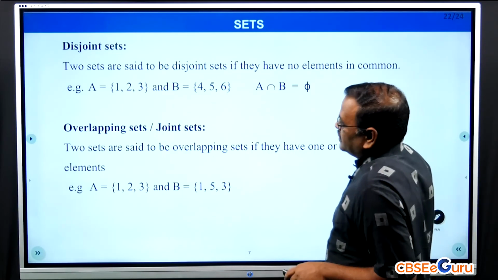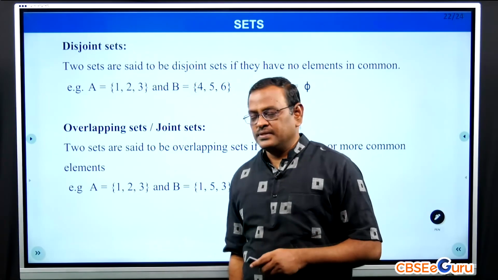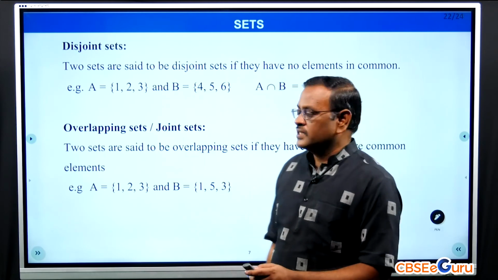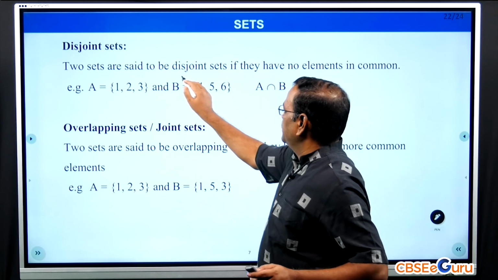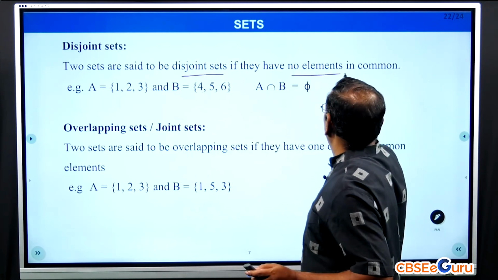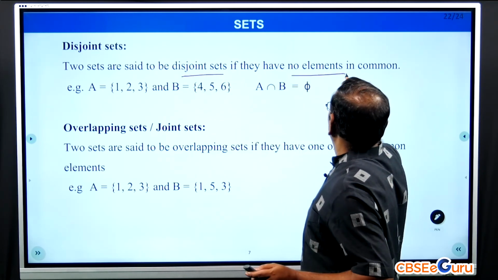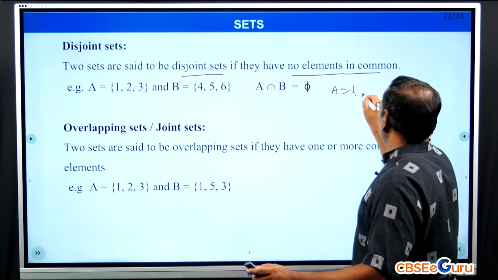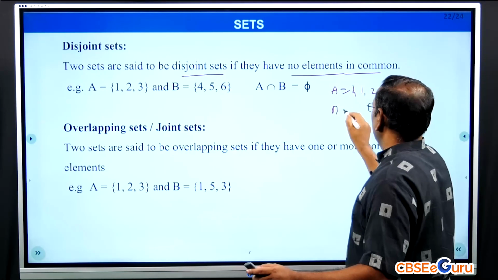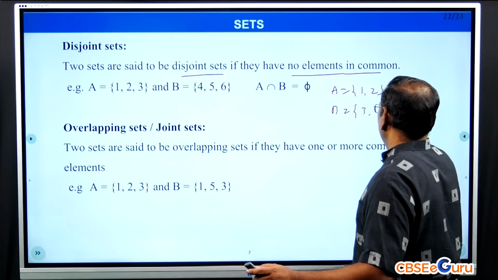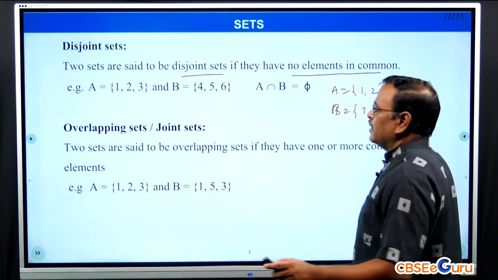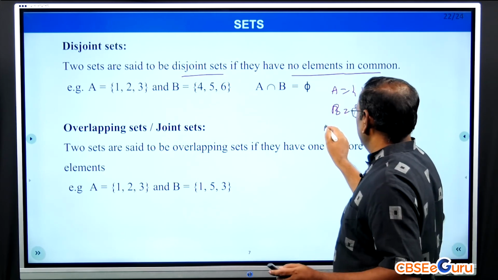And two important types of sets which are based on these operators, particularly intersection. Two sets are said to be disjoint sets if they have no common element. For example, A equal to {1, 2} and B equal to {3, 4}. So what is A intersection B?